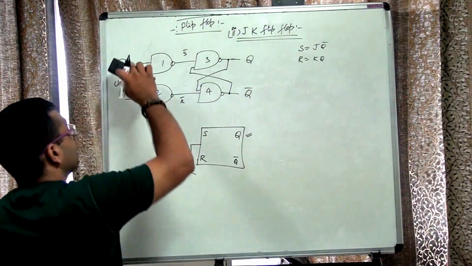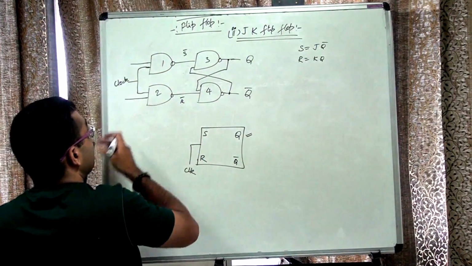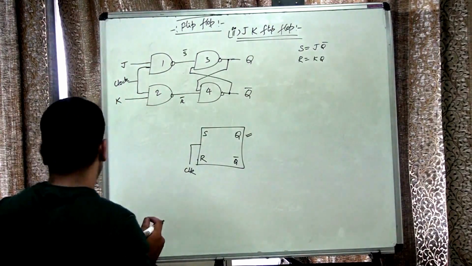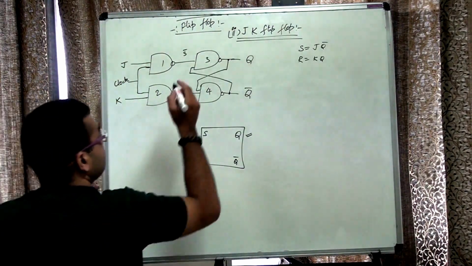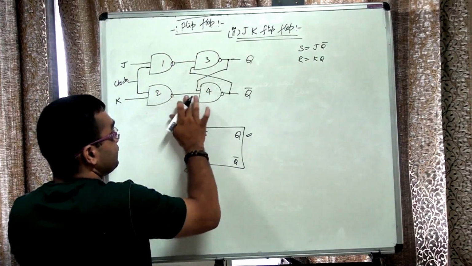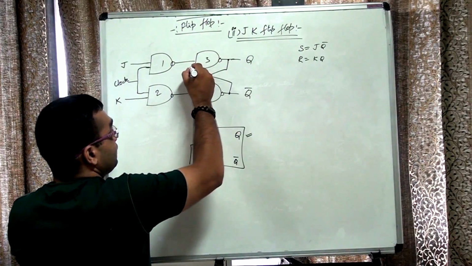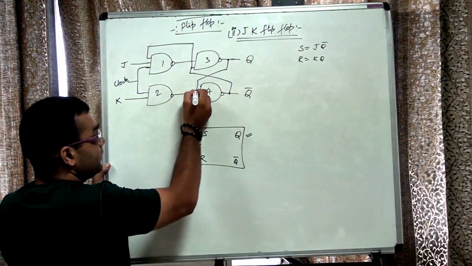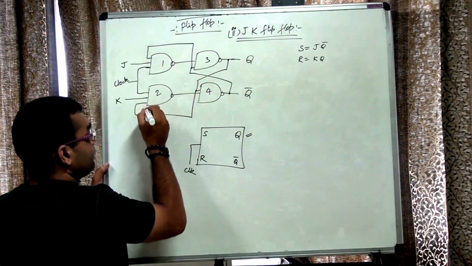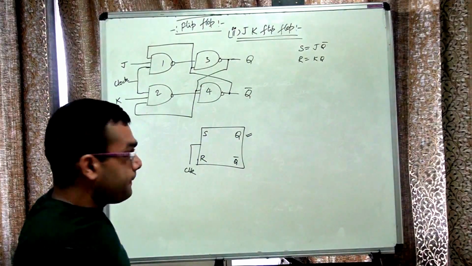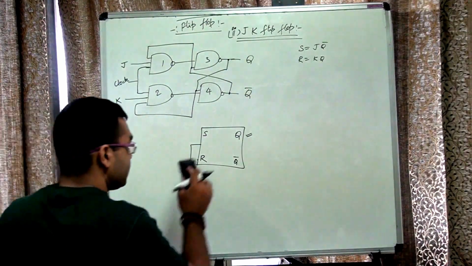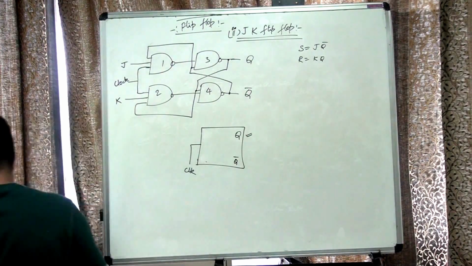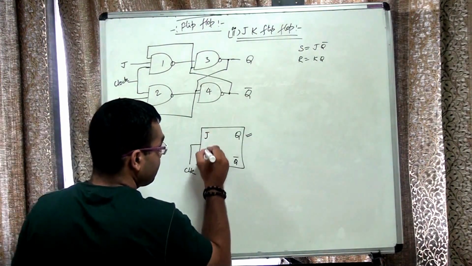Now this has to go, this is J Q bar, and this has to be K Q. So the block diagram will also change. This will simply become J and K.